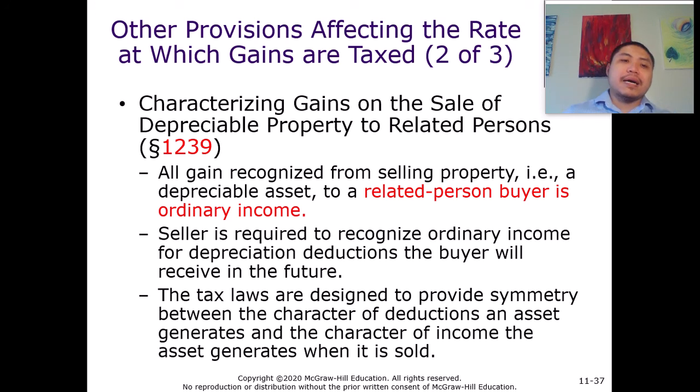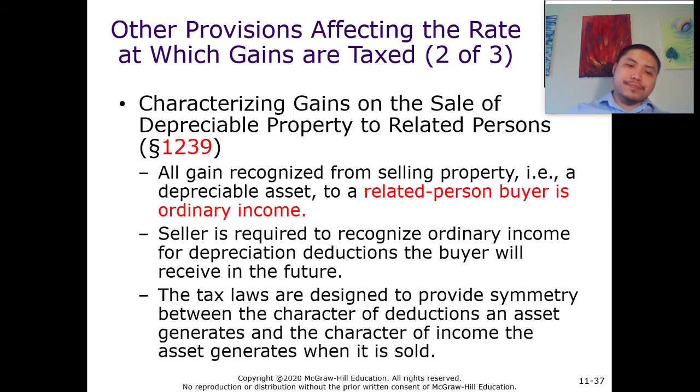So under Section 1239, all gain recognized from selling depreciable properties to a related person is going to be recognized as ordinary income. None of the gain is going to be taxed at a preferential rate. All of the gain is going to be taxed at the ordinary income rate.